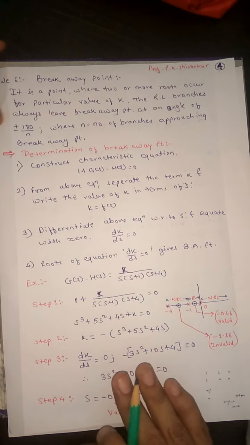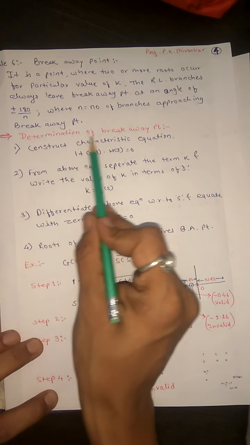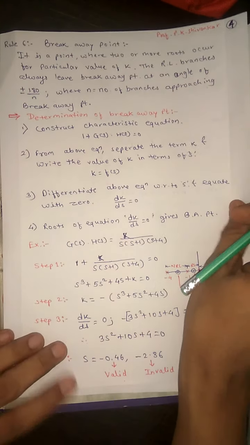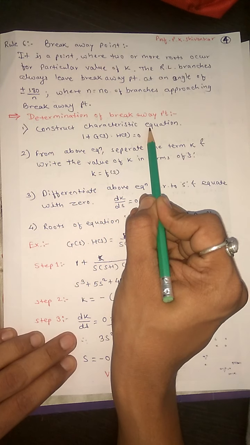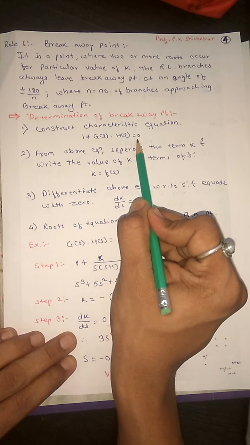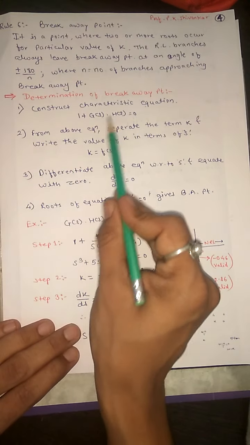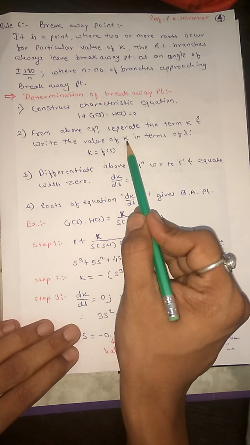There are certain steps to calculate the breakaway point, the determination of the breakaway point. Point number 1 is to construct the characteristic equation. We know very well the characteristic equation is 1 plus G(s)H(s) equal to 0. Next, from the characteristic equation, write the equation for the value of k.